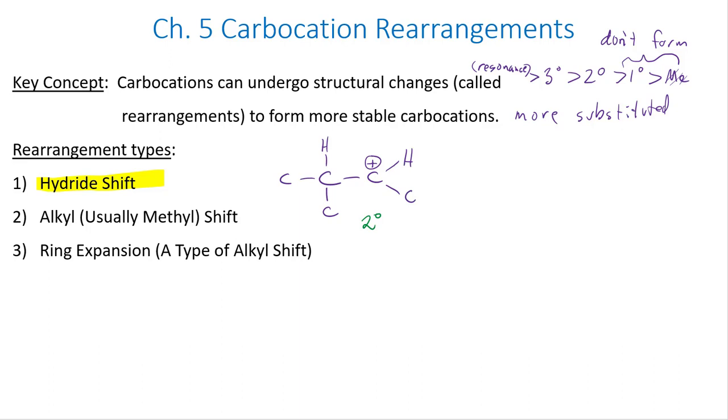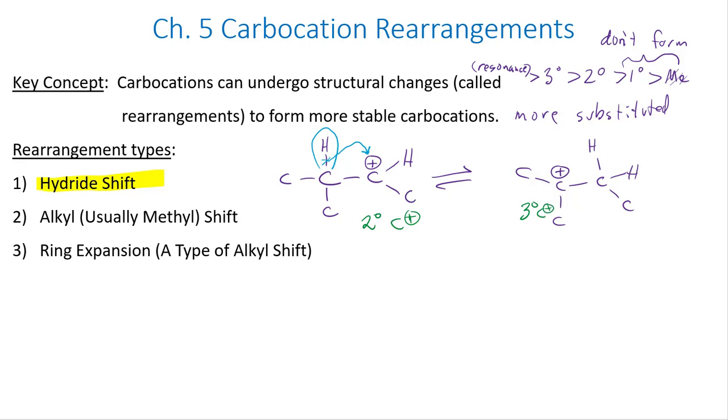So only if we could get this hydrogen to move over, and when it comes with a pair of electrons, we'll X that hydrogen carbon bond and simply draw an arrow from that bond to the carbocation carbon. That hydrogen moves over, then we have quenched the charge on the carbon that was originally positive because now it has four bonds, and that charge has moved over to that more substituted carbon. So we've gone from a secondary carbocation to a tertiary carbocation.